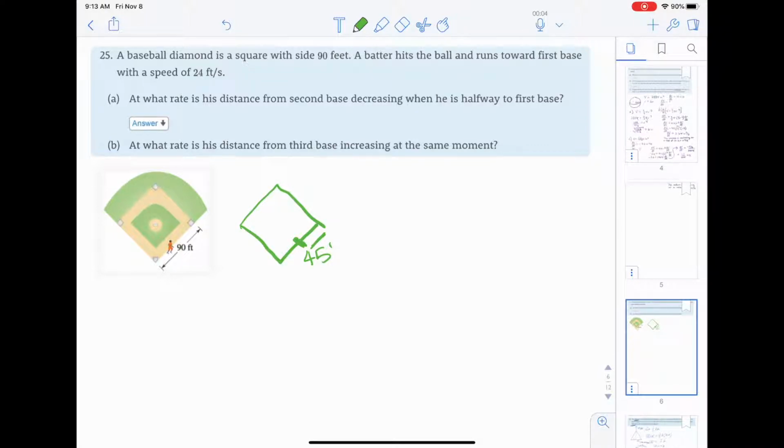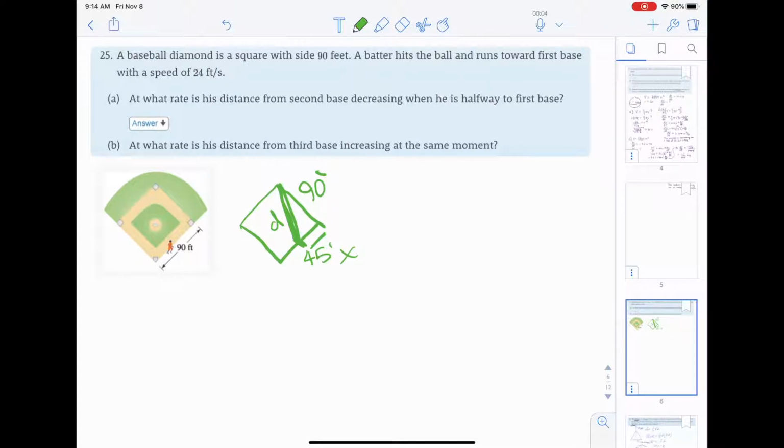Then we know that from first to second is 90 feet, and then we can draw a right triangle with side length D. We're also going to call this 45-foot side X. And so now we're trying to find the rate at which D is decreasing.